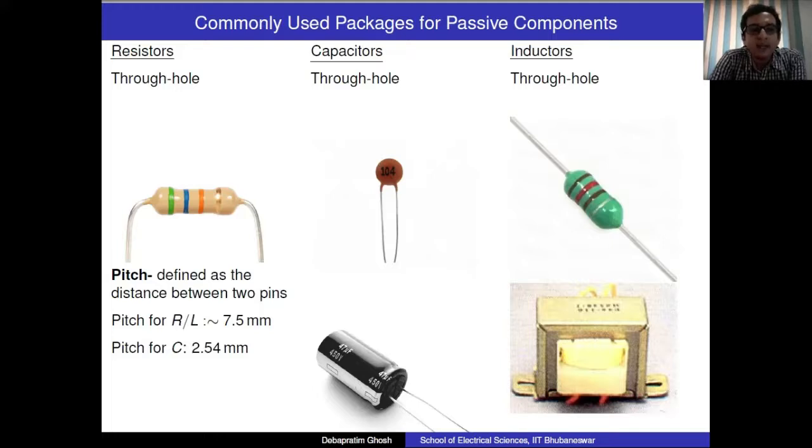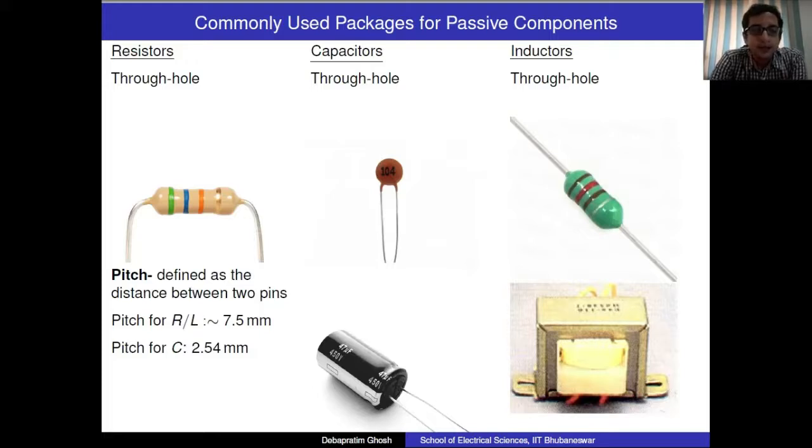and we define a quantity called pitch, or the smallest distance between two pins. So the pitch for the resistor and inductor can be roughly about 7 to 7.5 millimeters because they are a little longer. The capacitors, since they are smaller, the pitch is 2.54 millimeters.